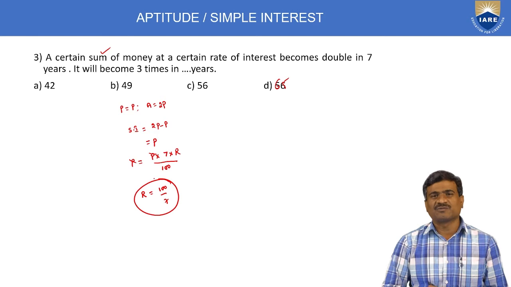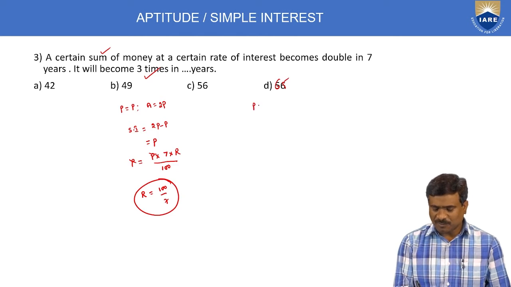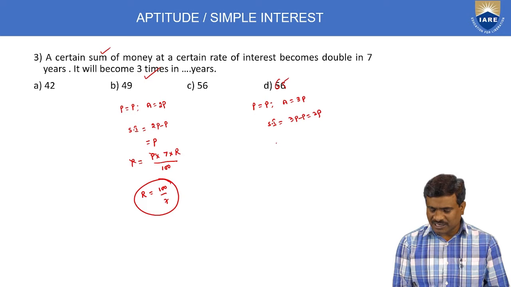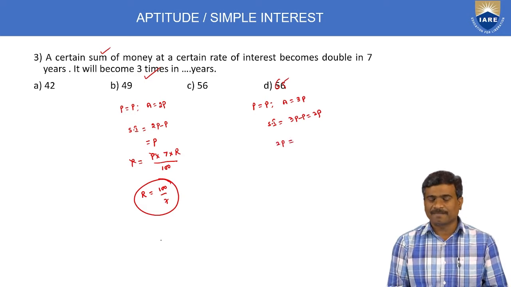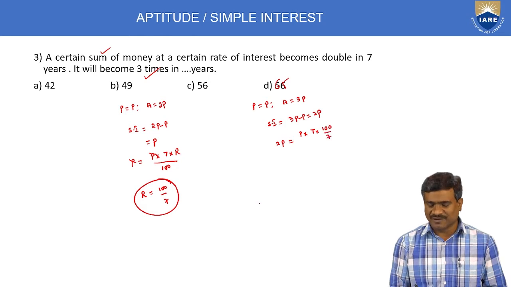This is the first equation. Second equation, it will become 3 times. Similarly, let P is equal to P, amount is equal to 3P, then simple interest is 3P minus P, which is equal to 2P. Next, simple interest is equal to PTR by 100. Simple interest 2P, principal amount P. Find time period when rate of interest is 100 by 7.